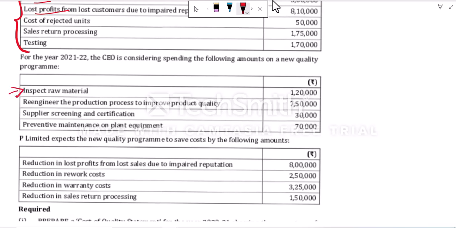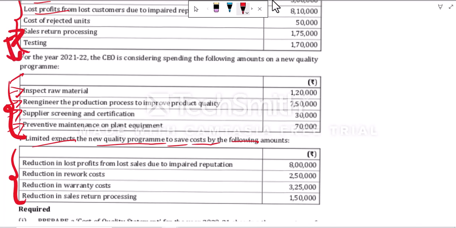Inspection of raw material, re-engineering of production process, supplier screening, preventive maintenance. P Limited expects the new quality program to save cost by the following amounts. See, if he incurs this amount, there will be a decrease in these amounts. Originally they have this, and this will be decreased by incurring this amount.